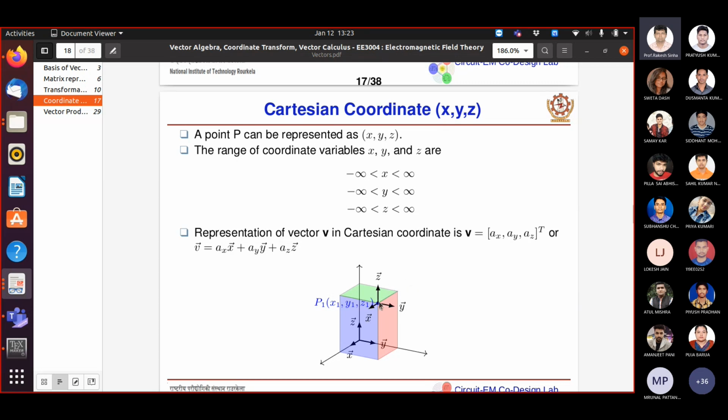What is the component in the x direction, what is the component in the y direction, and what is the component in the z direction? These are the magnitudes, which are scalar quantities, Ax, Ay and Az, and x, y and z are the vectors.